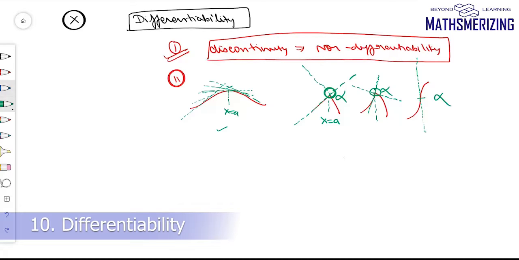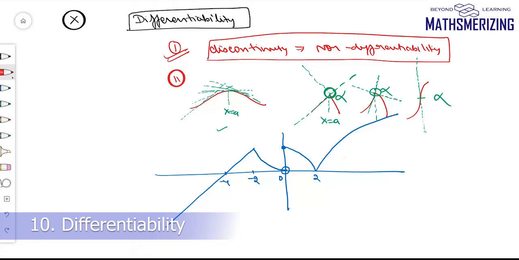Say for example, suppose this is the graph which is given to me. When I look at this graph, if I draw it, my pen is going to lift at 0. So it is discontinuous at x equals 0, but at all other points, this function is continuous. So there is only one point where this function is discontinuous.